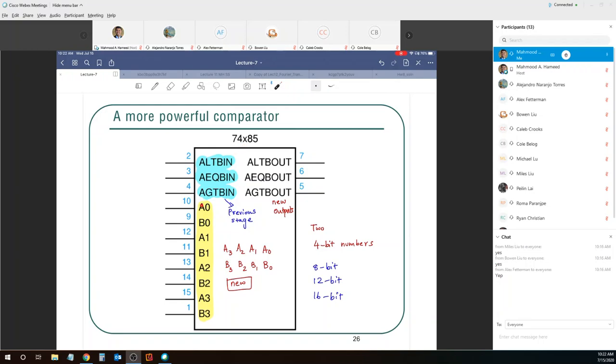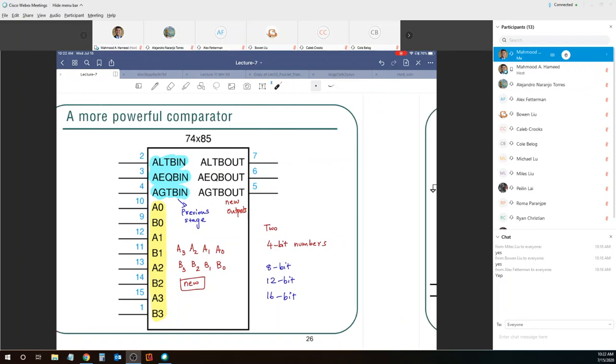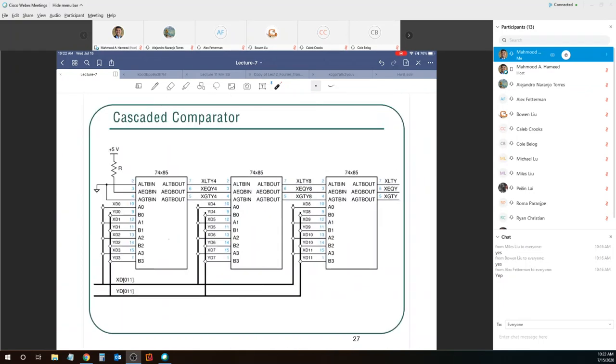Where individually each chip only has the ability to take two 4-bit numbers, then you have to do it in a modular fashion, one stage after the other stage. So the previous stage comes in over here on pins 2, 3, and 4 on this chip, and then based on the new inputs, you generate new comparison outputs. And we can see this being played out on the cascaded comparator.